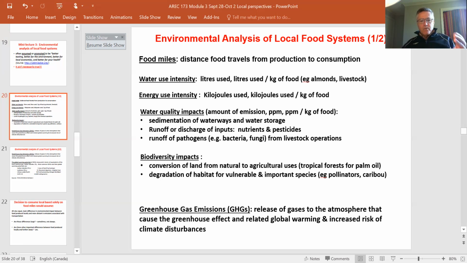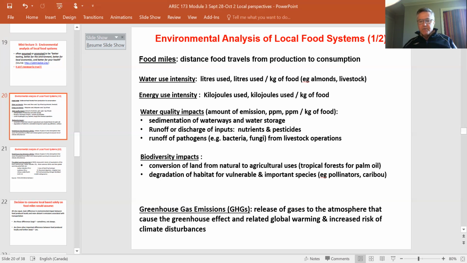So we've got water use, water quantity, water quality, and energy. There might also be biodiversity impacts, and we talked about this with Brenda a couple of days ago: the possibility of land being converted from natural systems that are good habitat for animals into agricultural uses, which are good habitat for a few types of animals and birds, for example, but not very good habitat for many other types of animals.